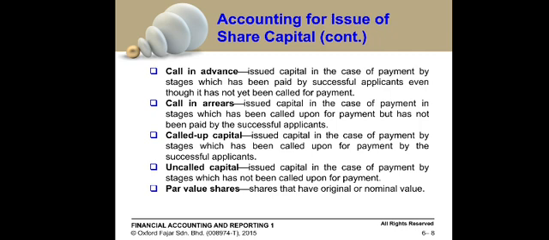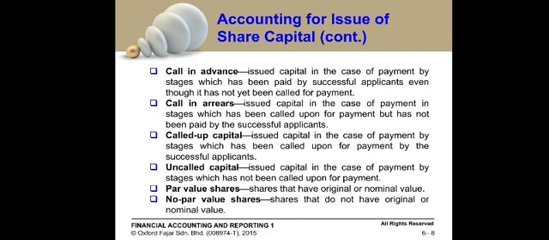After 2016, we don't have this kind of thing anymore. Companies in Malaysia no longer have premium or discount shares. Shares are sold at a certain price, and all the amount collected from the selling of shares will be credited to the capital account.